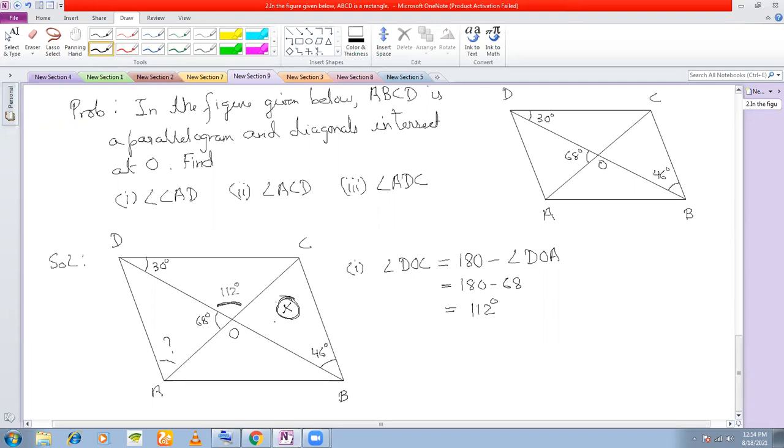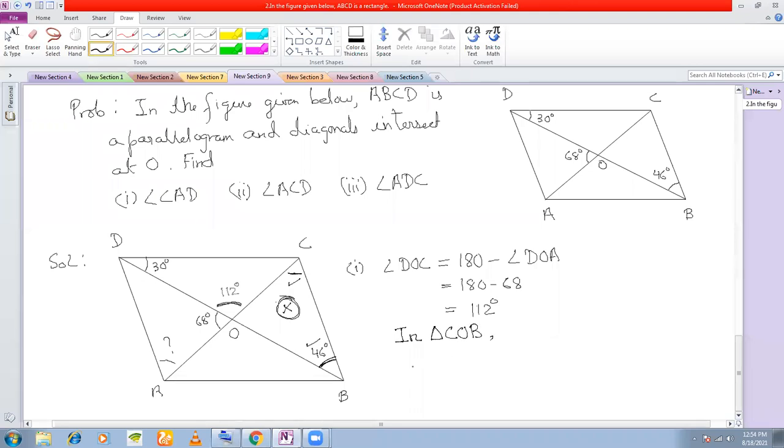And what are the two interior opposite angles? This is one interior opposite angle. And this is the other interior opposite angle, right? So that means this 112 degree must be equal to this angle plus this angle, right? All of you agree with me? Yes, sir.